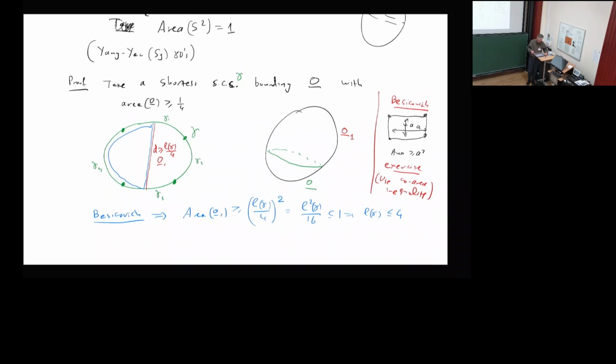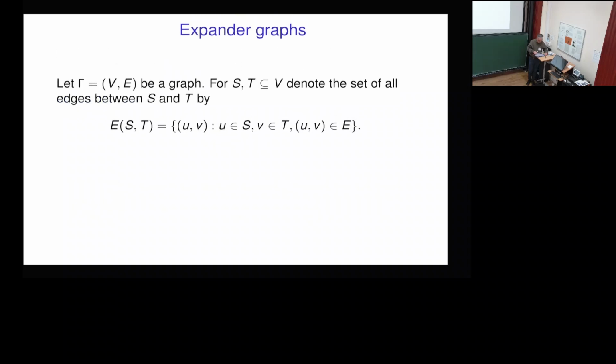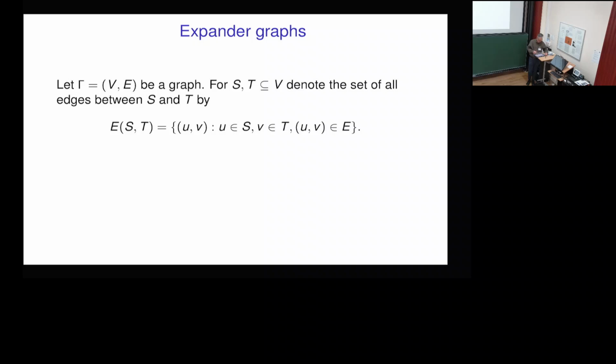Okay. So we have a bound for the Ziegler constant, and now I say that the Ziegler constant goes to infinity, and one way to see that is using expander graphs. So let gamma be a graph, then if we have two sets, S and T in the graph, I denote by this E(S,T) the number of edges between the two.